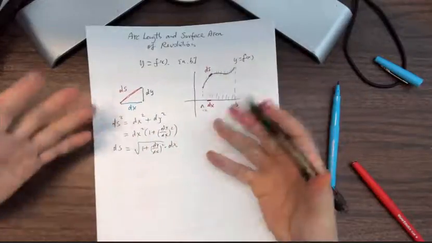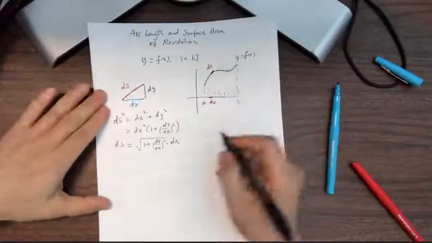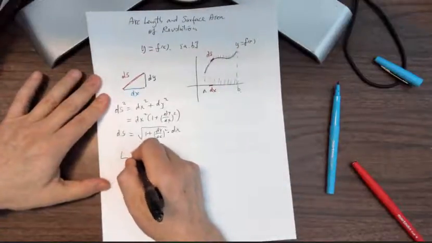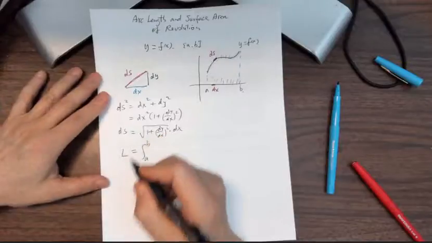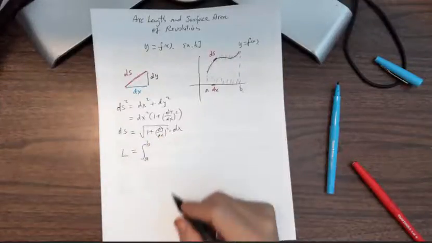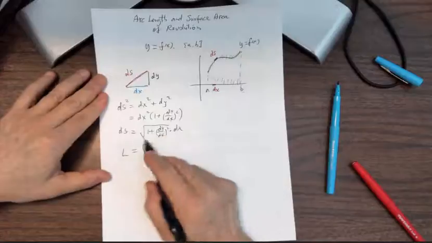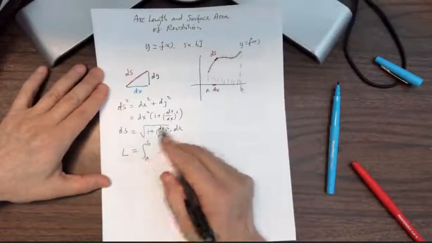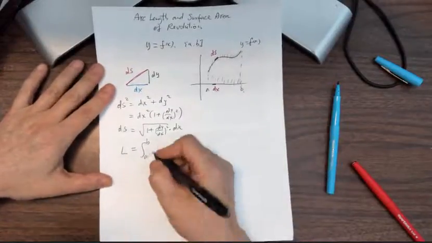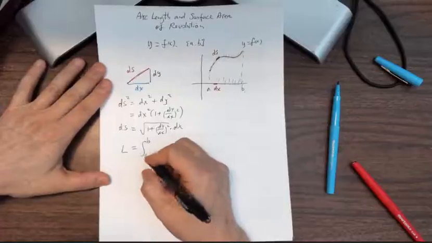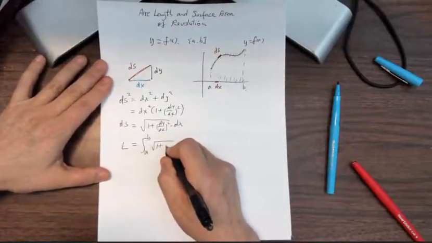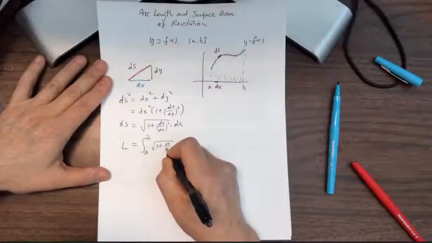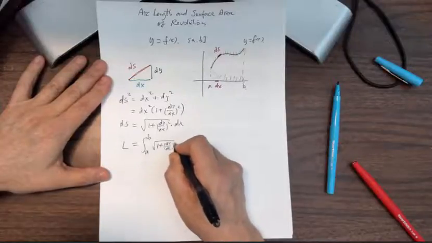Now we do the summation, that's addition, so the total length will be the sum of all those short pieces, the length of these short pieces. Just add them up, with (dy/dx) squared.